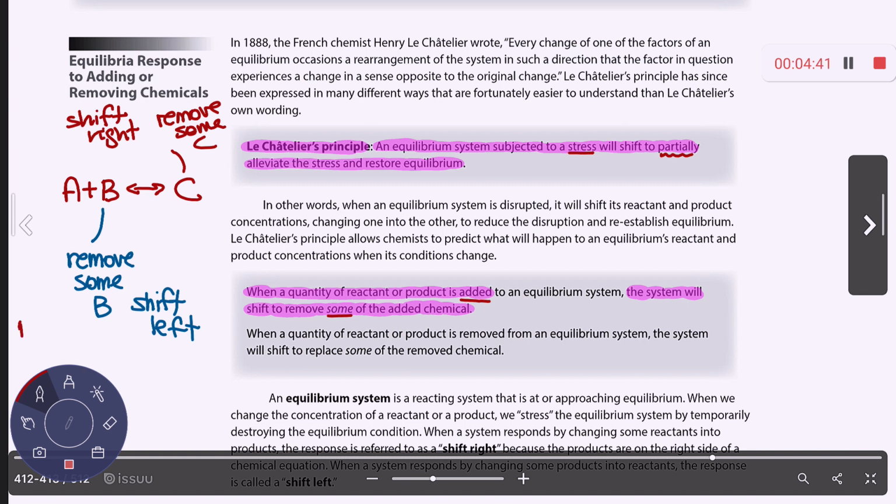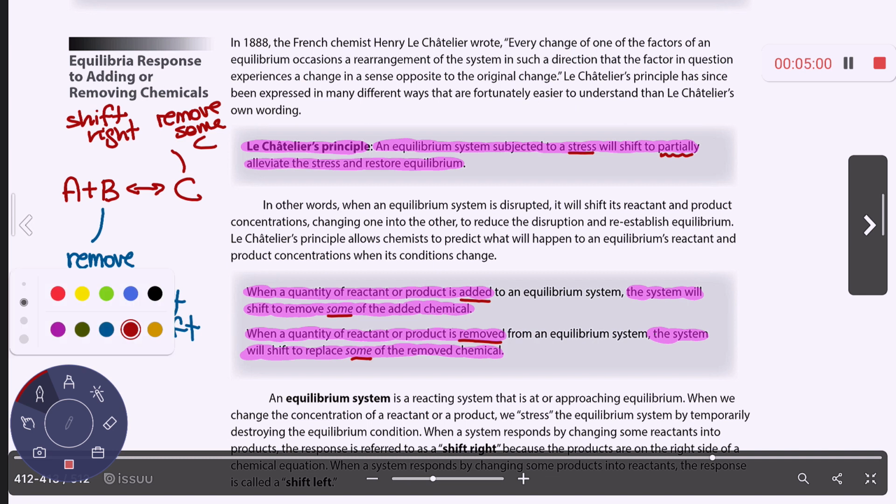Okay. All right. So down here, when a quantity of reactant or product is removed, the system will shift to replace some of the removed chemical. Okay. So, and I'm going to give you a couple of other notes here to add.